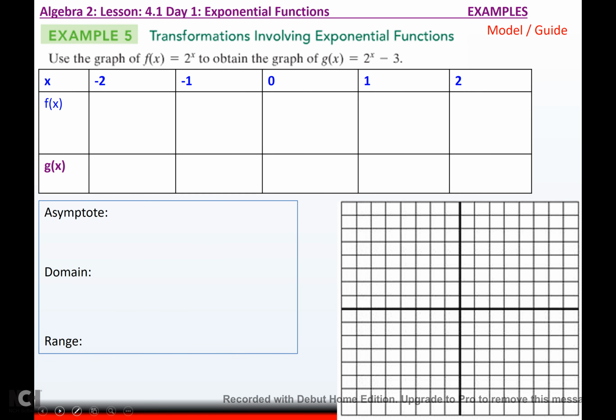Alright, so if we do this one, now this one we're going to shift down 3.